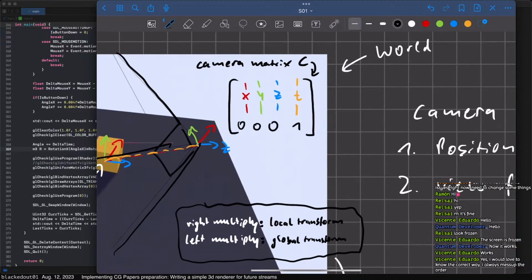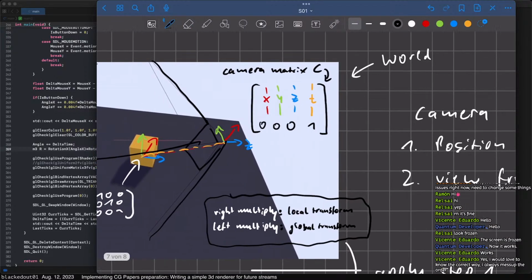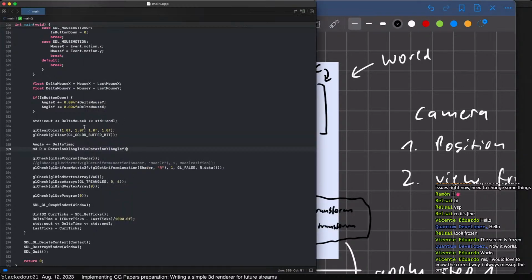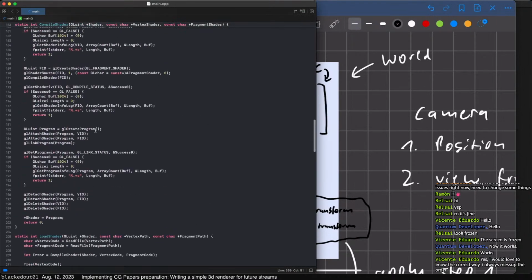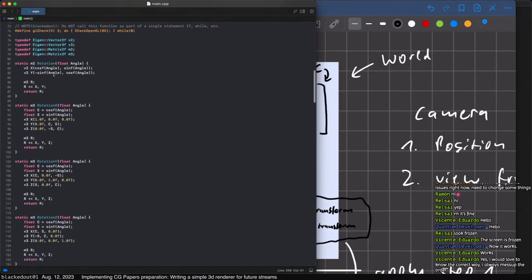So now maybe I will already write a few functions that convert these 3x3 matrices to 4x4 matrices.